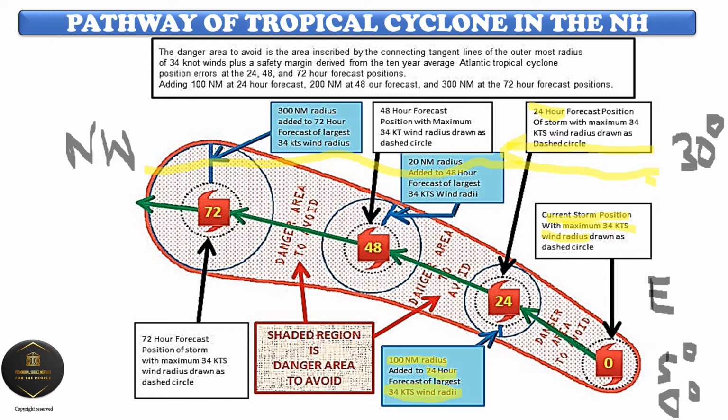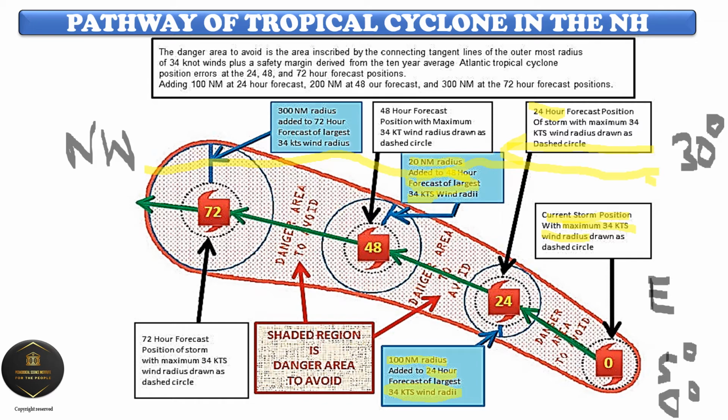And again, we see that it is advancing with time. So if you look at 48 hours, we see we have 20 nm radius added to 48 hours. Now we're looking at a 2-day space, and winds are still 34 knots in that particular region. So you still have the shaded area showing that that's the pathway of the system, and these are regions that should be avoided.